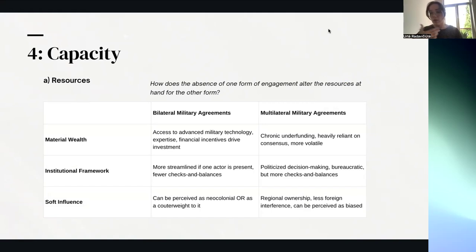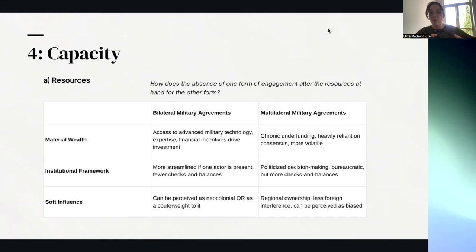So you can think about peacekeeping or training for national armies to increase their capacities or their qualifications. So you can break the comparative analysis of one's resources into material wealth, institutional framework, and soft influence.